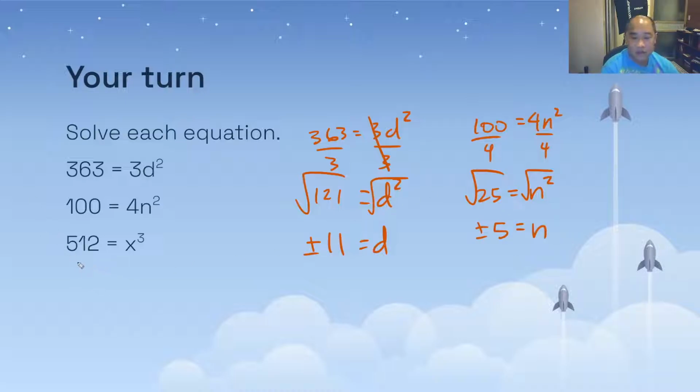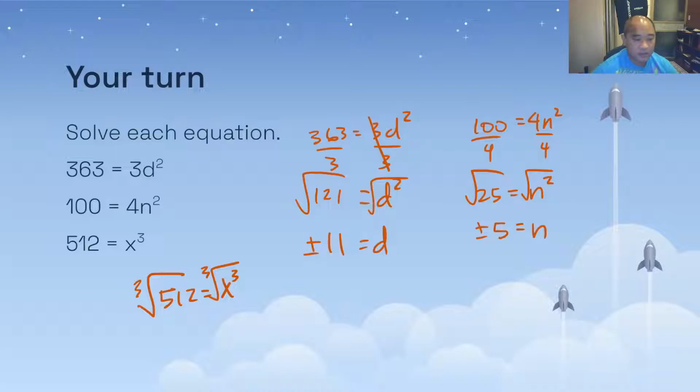And the last one, 512, the cube root of that. What is that? I think it's 8?